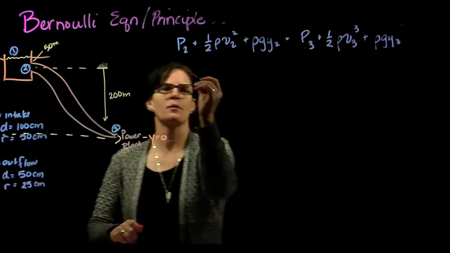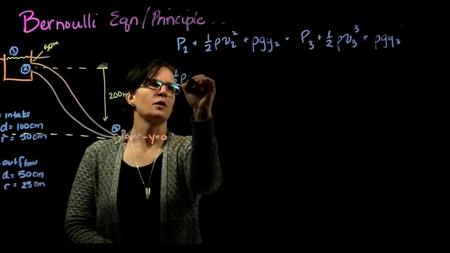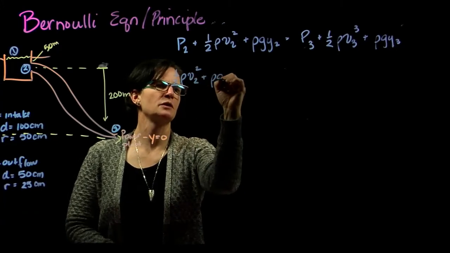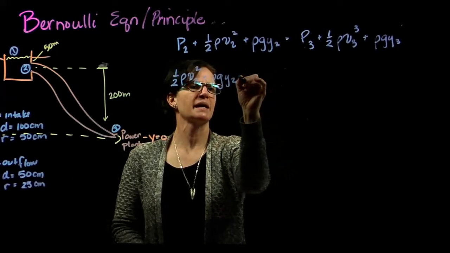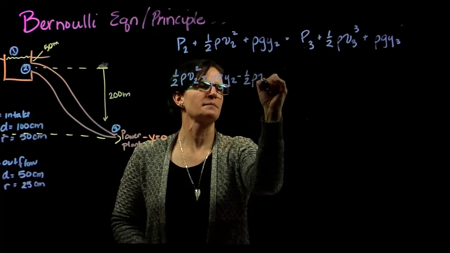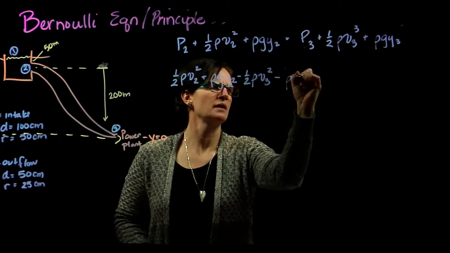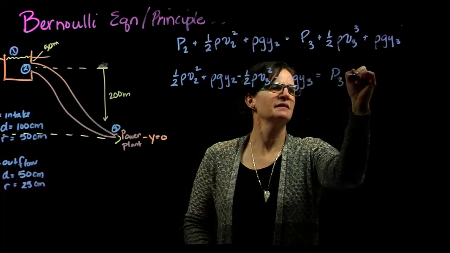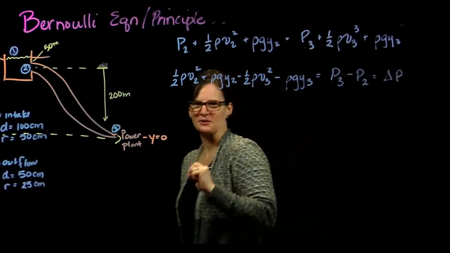So I end up with 1/2 rho times the speed at point 2 squared plus rho g times the height at point 2, bring this term over, minus 1/2 rho times the speed at point 3 squared, and bring this term over, minus rho g, the height at point 3, and that's going to give me my change in pressure, which is what I was interested in.